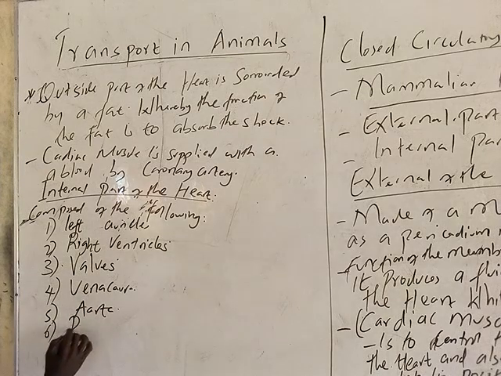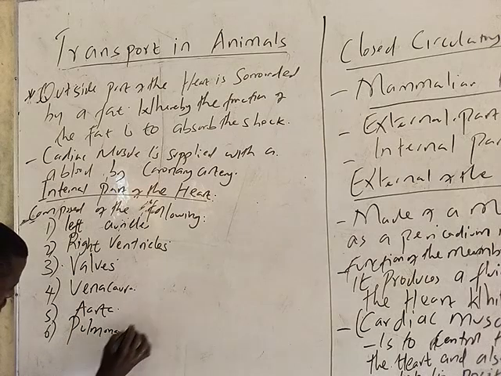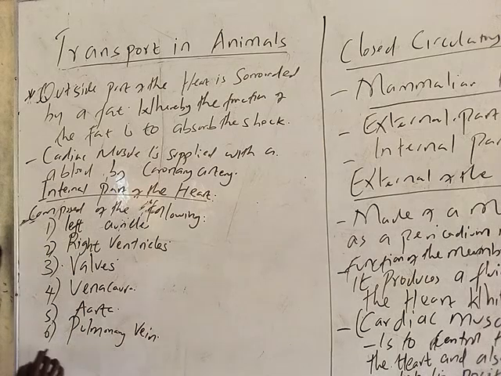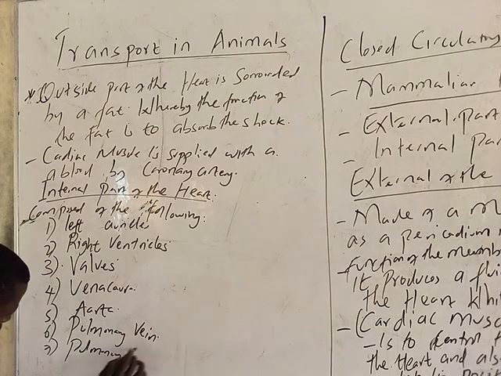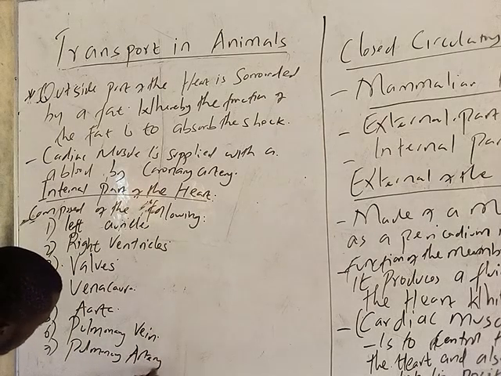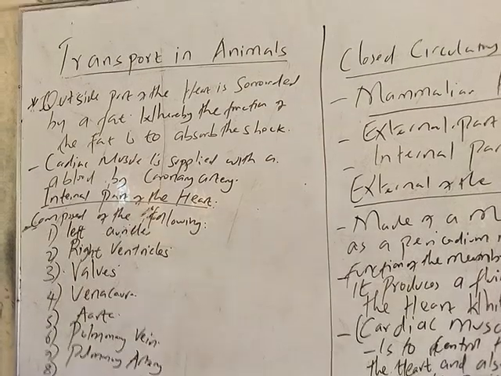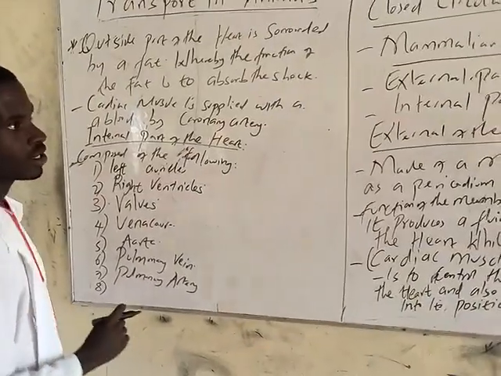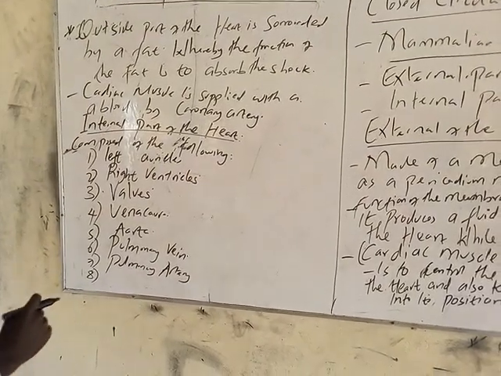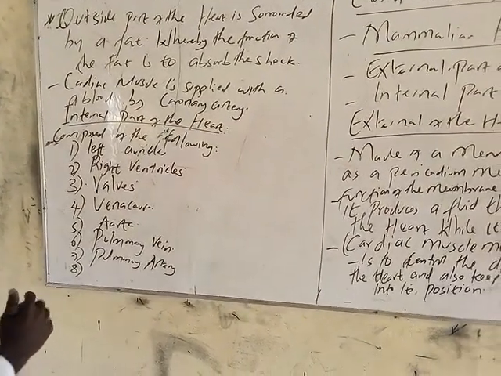Number six, the pulmonary vein. Number seven, the pulmonary artery. Number eight, we have the atriums.